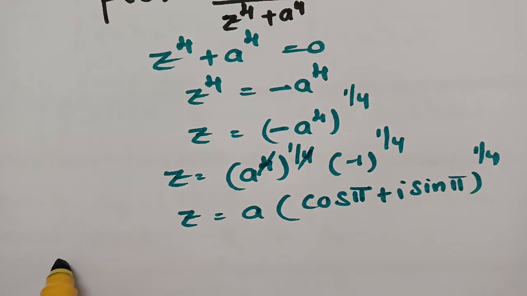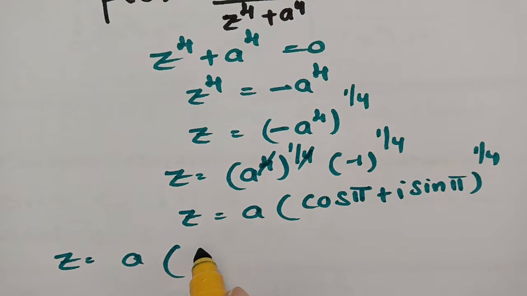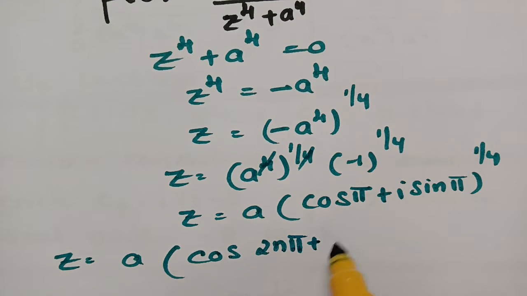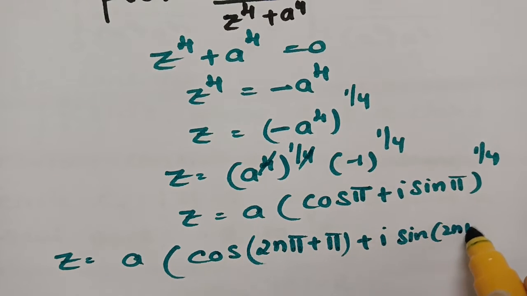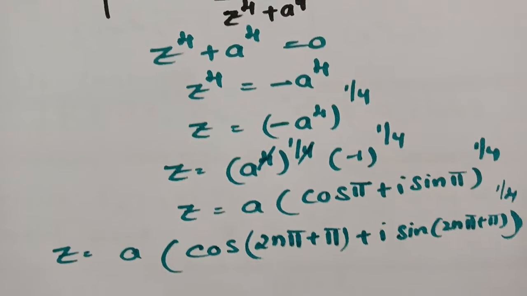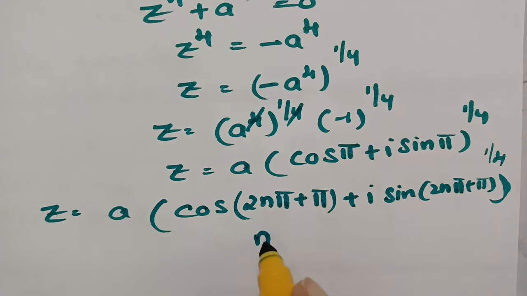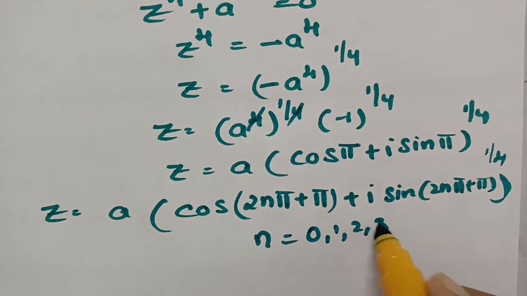So in general the poles can be written as a times (cos(2n pi plus pi) plus i sin(2n pi plus pi)) power 1 by 4, where n runs from 0, 1, 2 and 3.